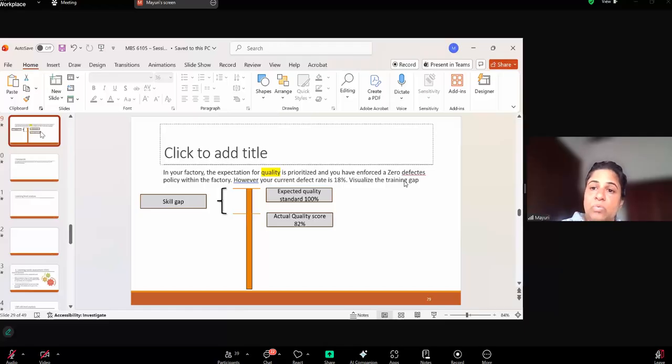We cannot straight away point the finger and say we are dropping the quality and rising with defects because of employee skill gaps. May not be.